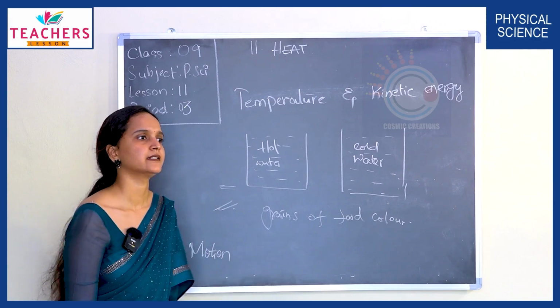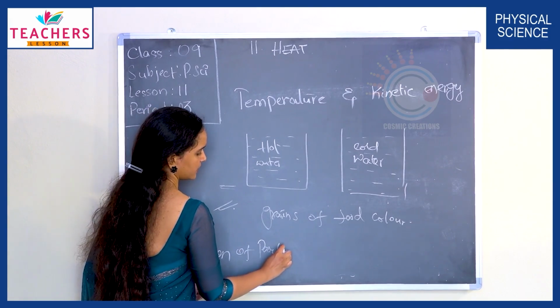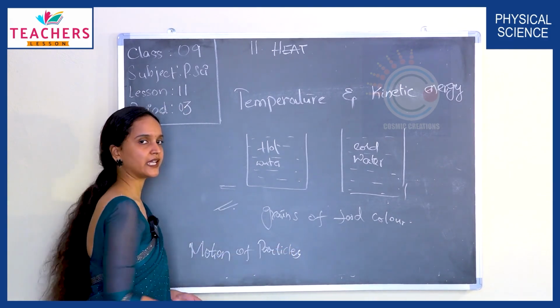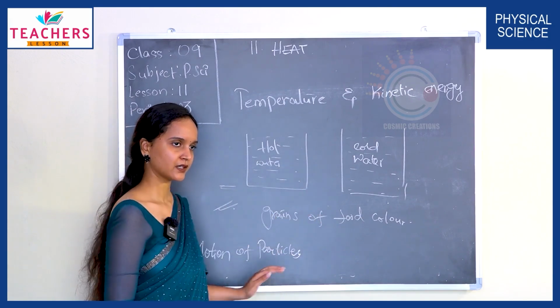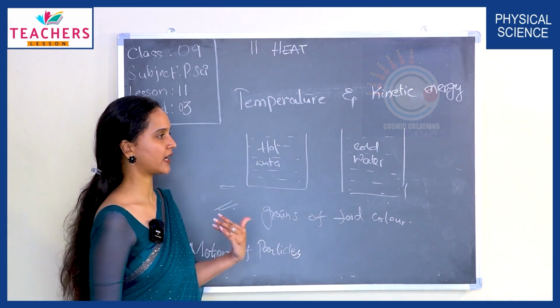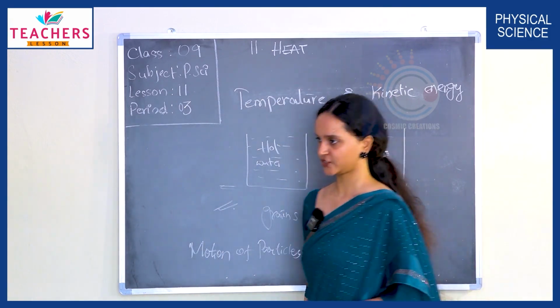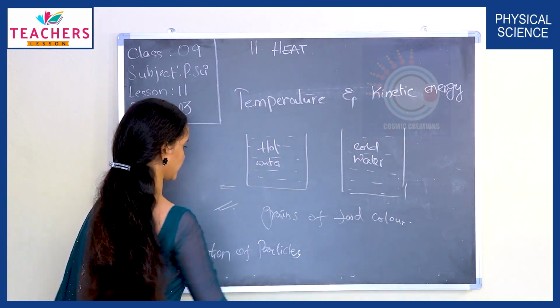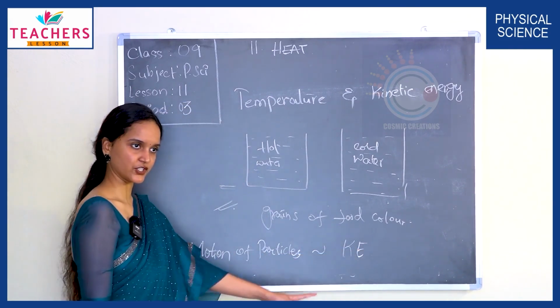Okay, and you all know the energy associated with the movement of particles. What is it? The energy possessed by a body due to its motion is called as kinetic energy. Correct? So, motion of the particles is kinetic energy.